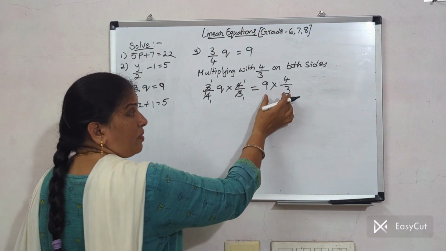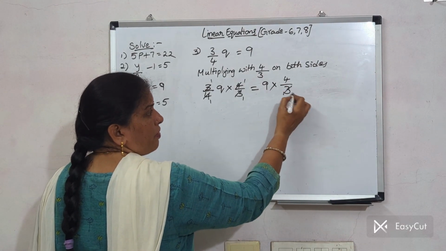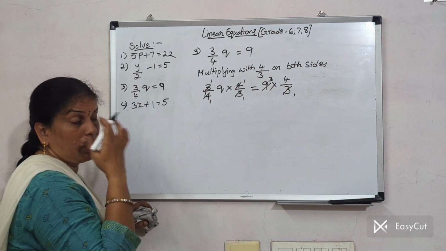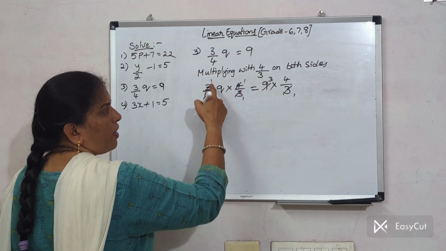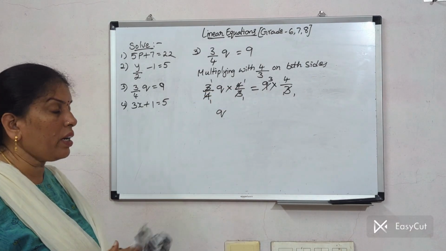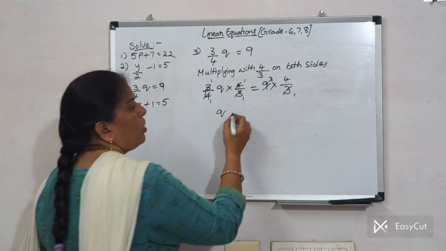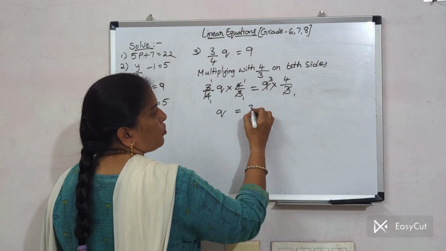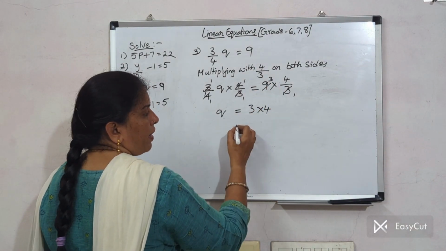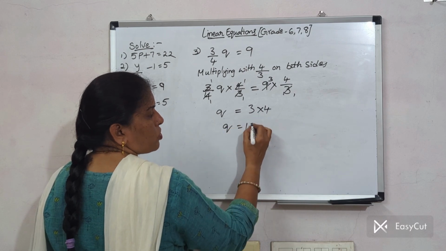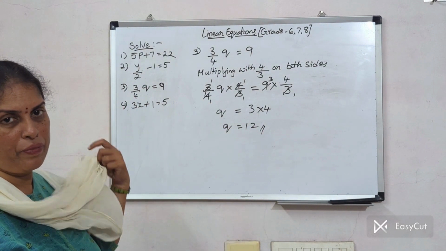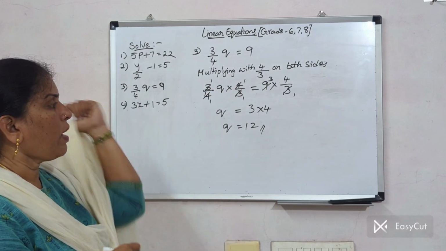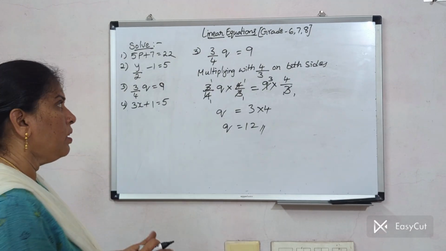Here also 3 threes. Any cancellation? No. q only is left. q into 1 is q only. By 1 no need to write. So q is equal to 3 into 4. So q is equal to 12. Very easy. Like this we must multiply. We must find the q value. Here the variable is q.